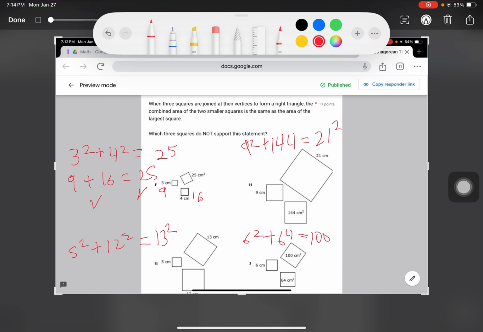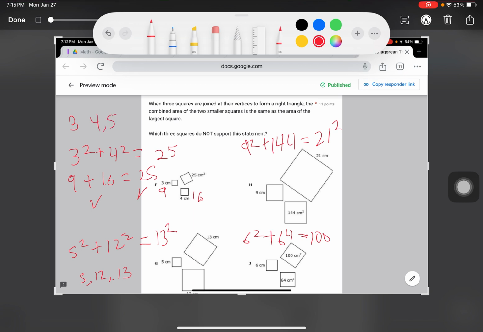The same thing if they give you a list of numbers, like 5, 12, 13: you take the 2 smaller numbers, square them and add them together, and see if you get the bigger number squared. The first one would be like 3, 4, 5.